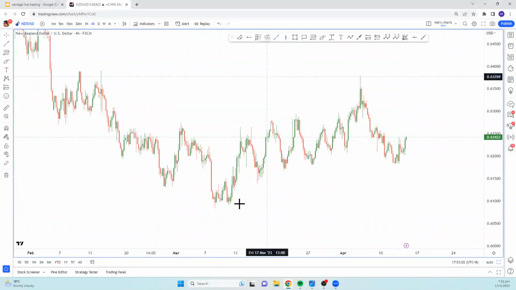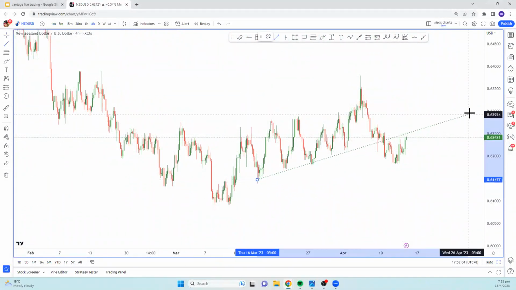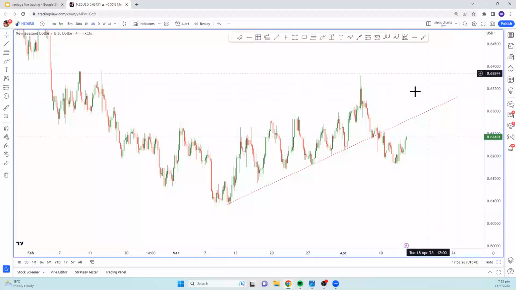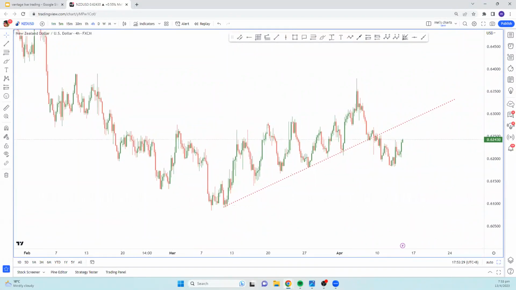Over here I can see price breaking out of this ascending trend line. Price has recently broken out of our ascending trend line. This is better because we have a significant swing low over here.